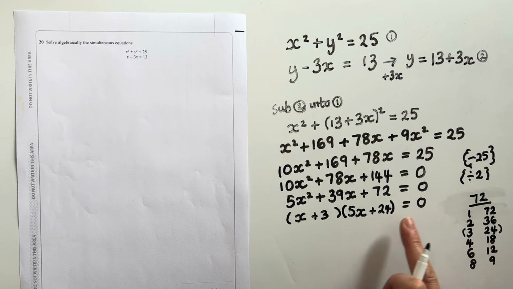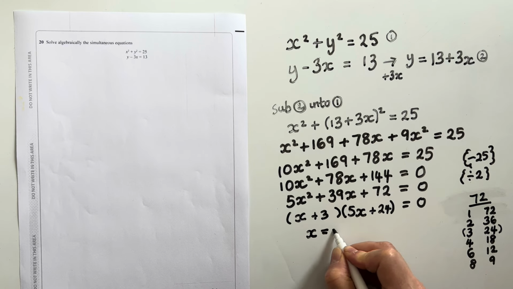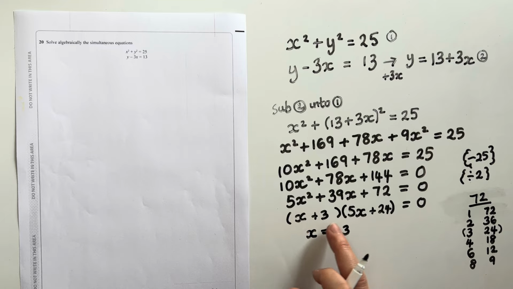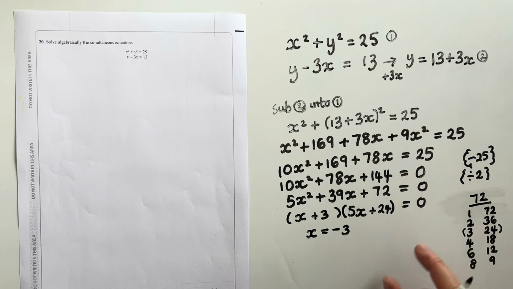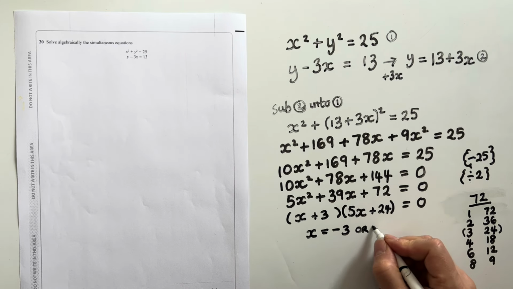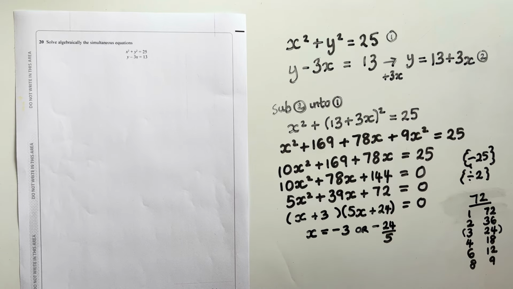For the left-hand side to equal 0, we need either x to equal -3, because that would get this bracket to be 0, and 0 times a number will give us an answer of 0, or x will be -24 over 5, because that will get this bracket to be 0, and again 0 times a number will give us an answer of 0.